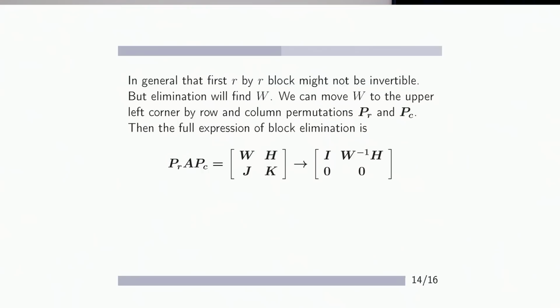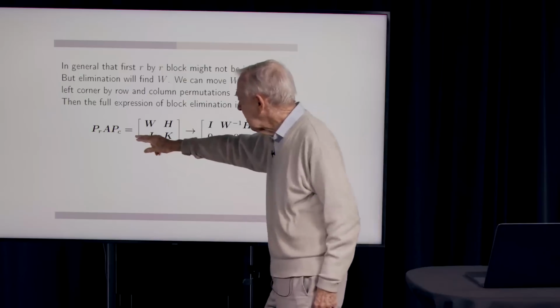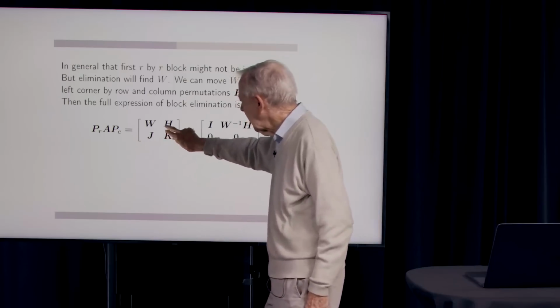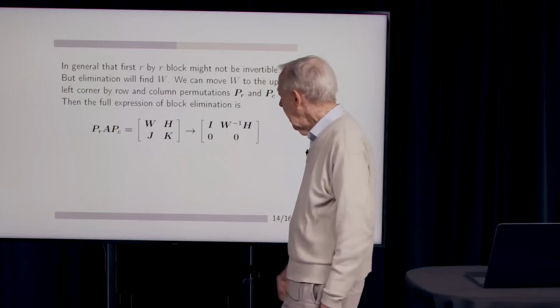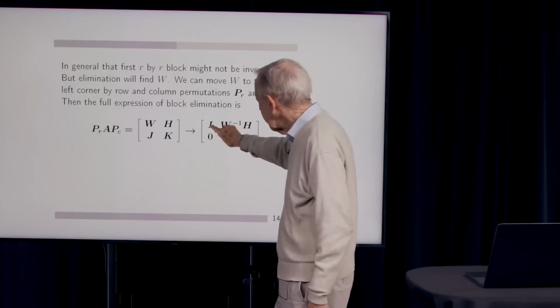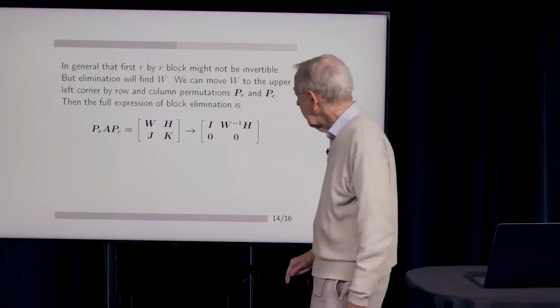Then H and J or whatever they are. But then the two jobs of elimination are get things in the right order and produce zeros. So here I'm supposing that I get them in the right order, and then I produce the zeros there. And I'll also produce a bunch of zeros in that identity matrix.